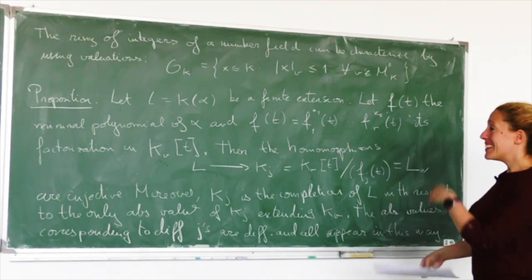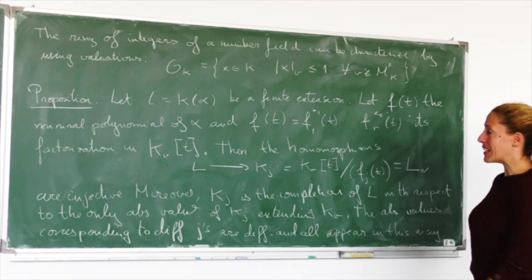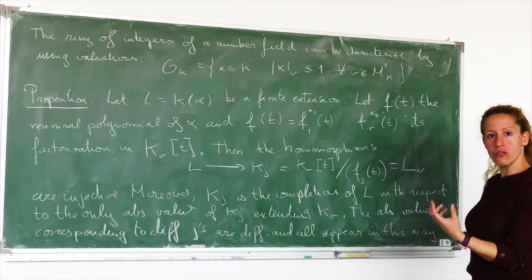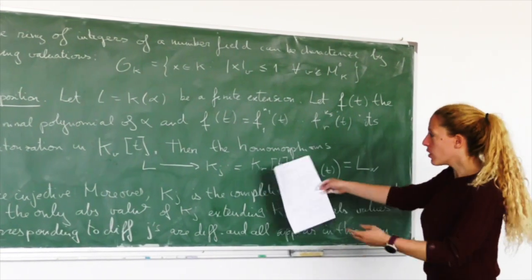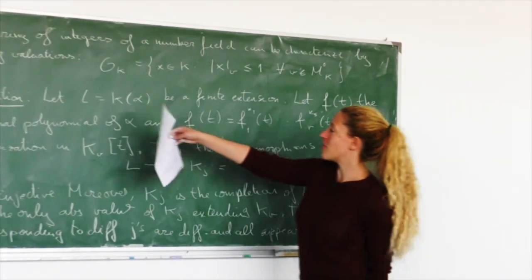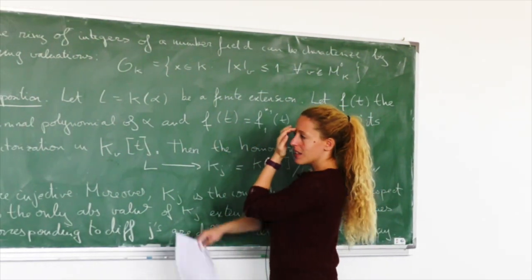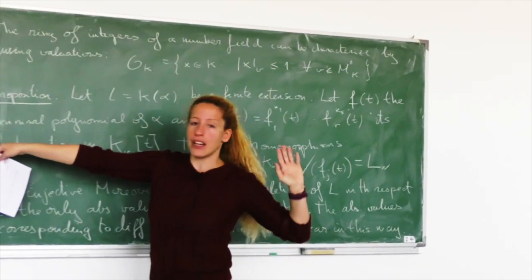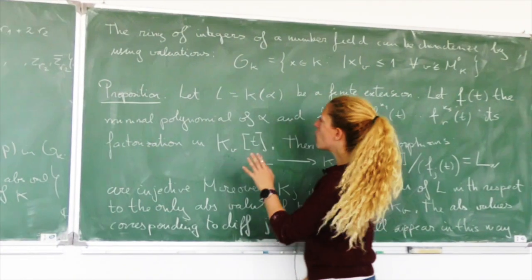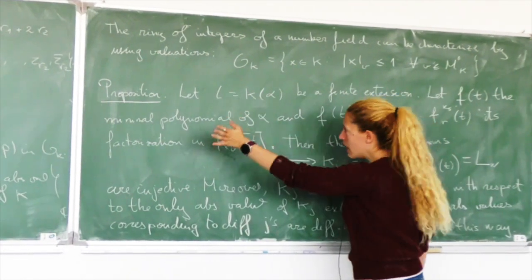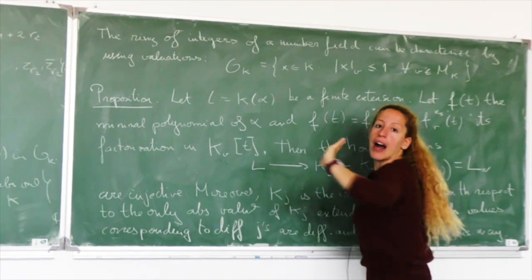So this proposition looks very technical, but actually it's very good, because it's really giving you the description of all the absolute values when you have an extension precisely given. This was for number fields, right? I just have a number field. And now the idea is that I take L, that is just K(alpha).